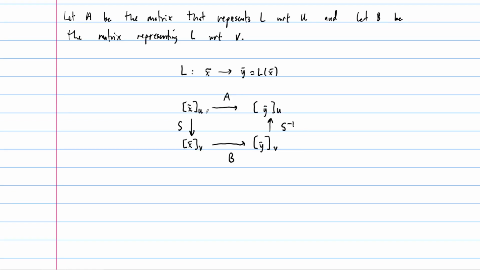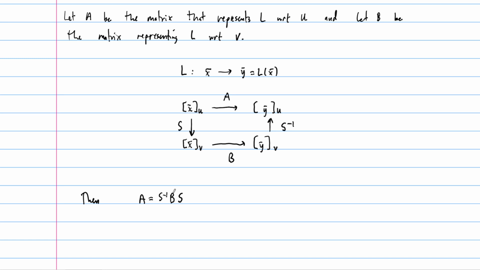So multiplying A times X is the same as multiplying first by S, then B, then S inverse. As matrices, A is equal to S inverse B S. Remember we go from right to left when we write these down. So first we change to V coordinates, then apply transformation B, and then change back to your U coordinates.